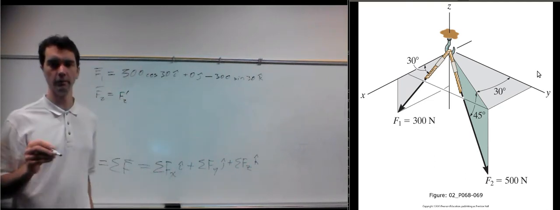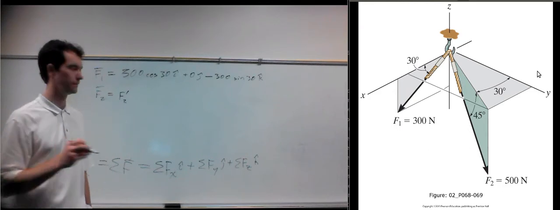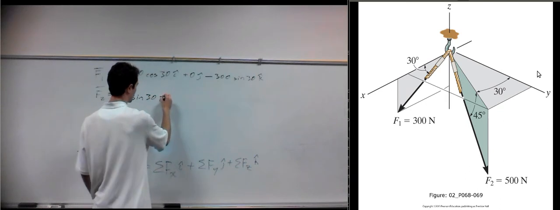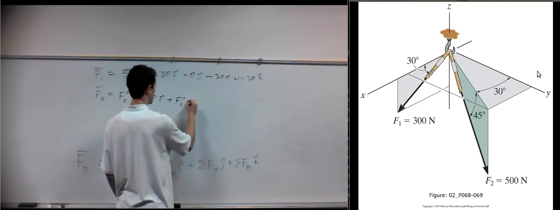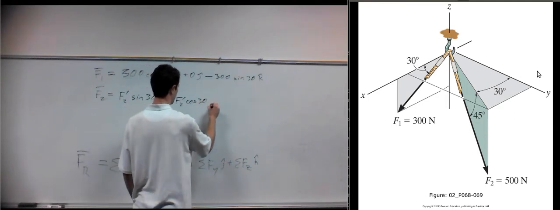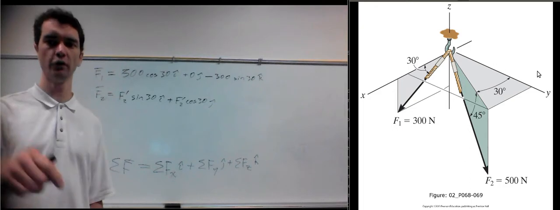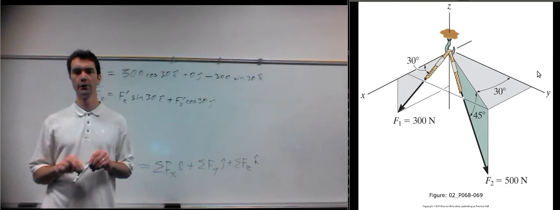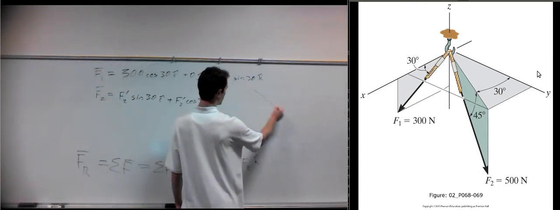So that'll be the component of F2 that's in the xy plane, and then times sine of 30, plus F2 prime, the magnitude, times cosine of 30. And here we have sine for the x because you see where that 30 degrees is defined relative to the y. So just looking at that triangle, we see that the x component is opposite the angle 30 degrees.